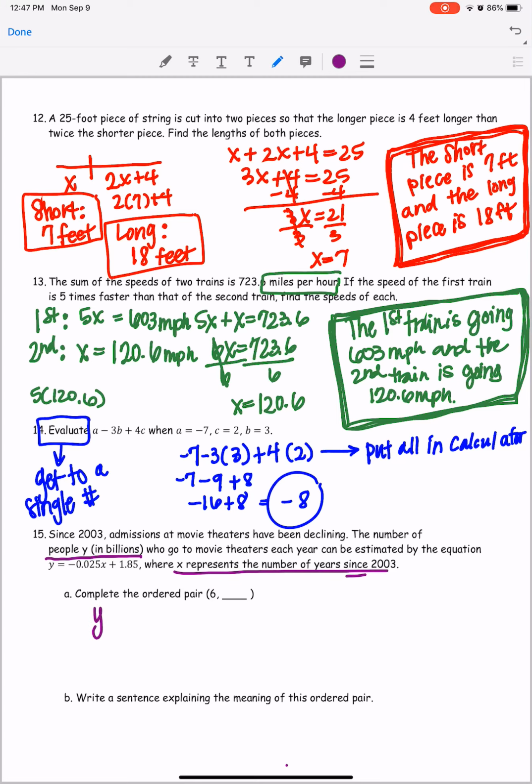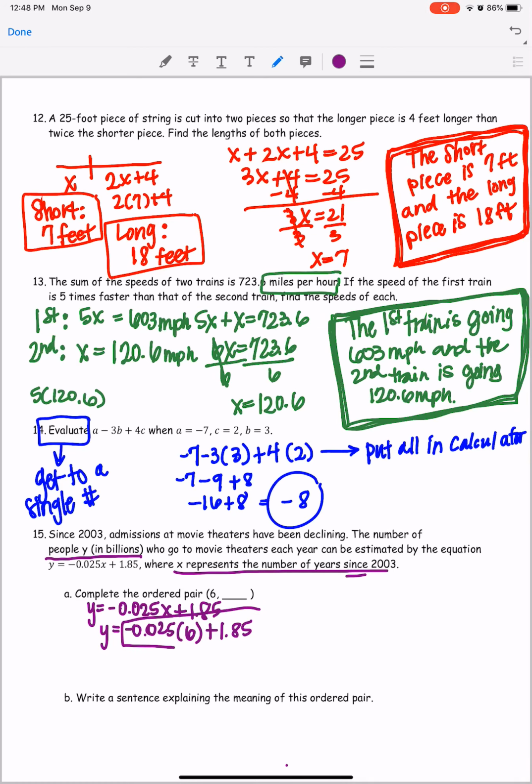So we've got y equals negative 0.025 x plus 1.8. My x is this 6. So y equals negative 0.025 times 6 plus 1.8.